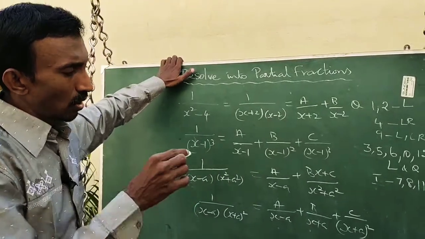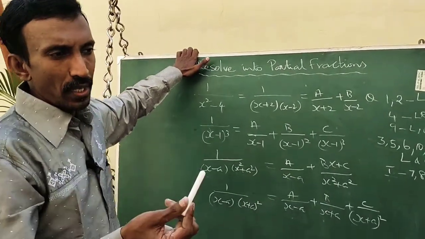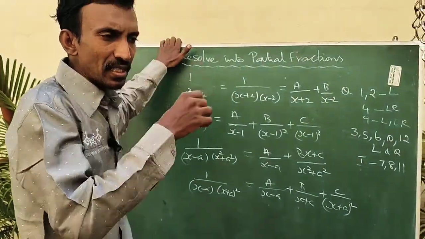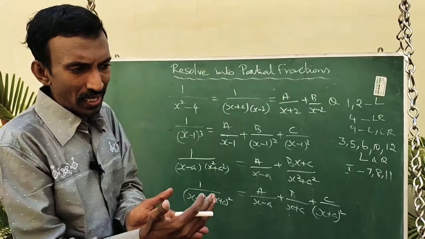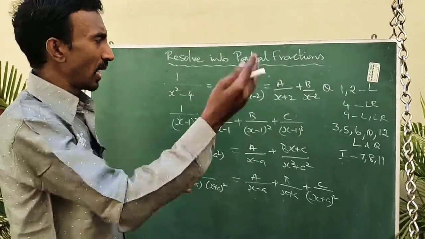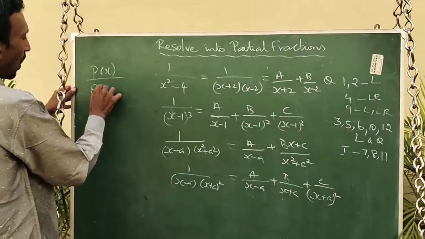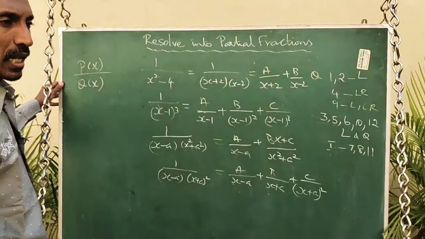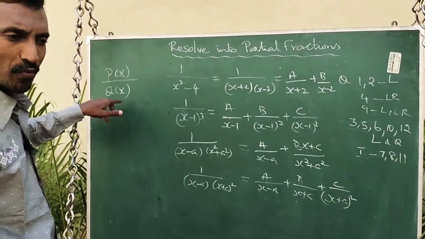Divide the numerator by the denominator. Write the rational expression in the form quotient plus remainder by the divisor, that means the denominator. Once again, take for example p of x by q of x, a rational expression with the degree of p of x greater than q of x.